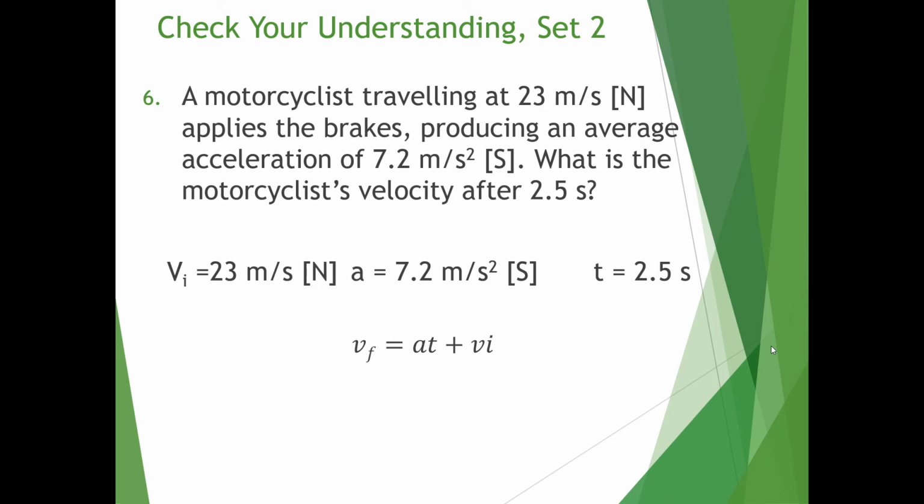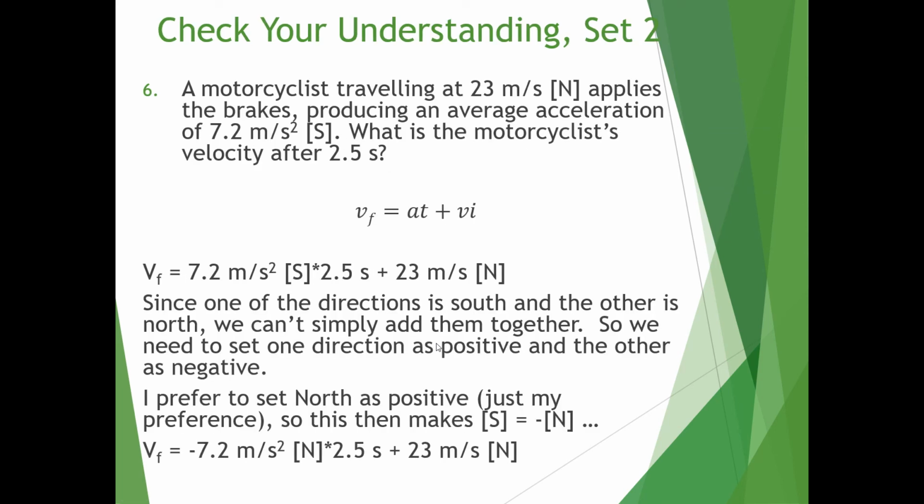So when we are doing this, we have to recognize that if we're going to say north is positive, south has to be negative, which means that since this thing is slowing down, the velocity is going to get lower and lower. So when we plug in the acceleration into the equation here, it's got to be negative. So I'd like setting north is positive and south is negative.